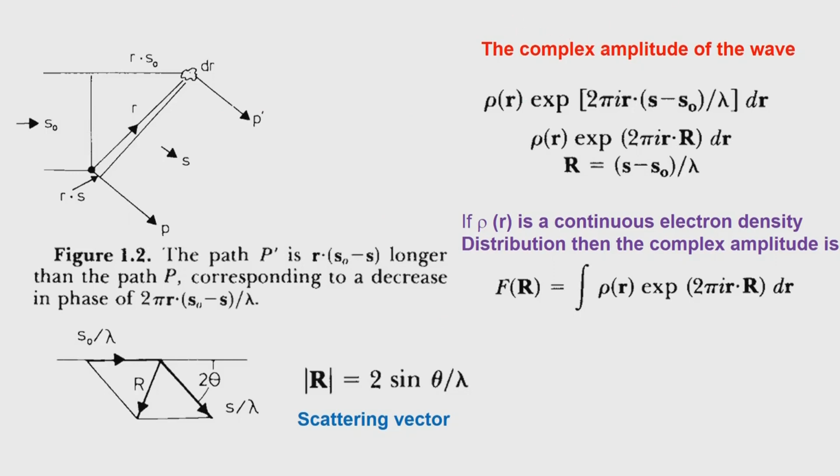So we now look at the complex amplitude of the wave, the so called E naught. The E naught can be equal to, if there is an electron density rho of r, d of r, that is present in space, let us say, and then you are sending in the X-ray beam.